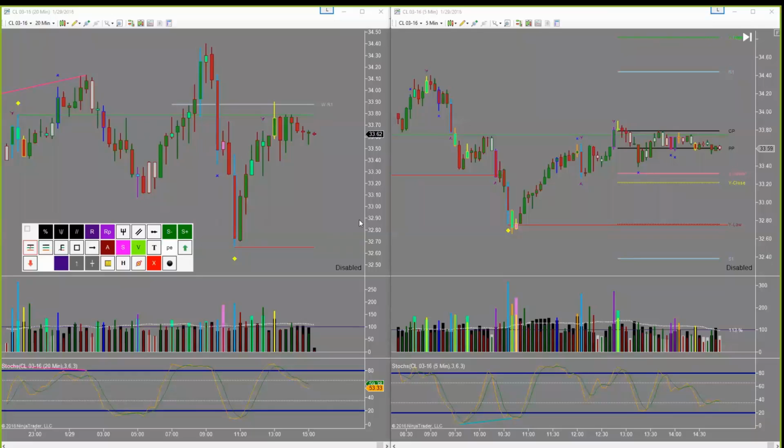So we're just going to take it easy, very informal, and cover some of the different methods that we use and make sure that everyone understands exactly why we took the trade that we took today, how we set up for that, and then how we fine-tune everything on the faster charts.